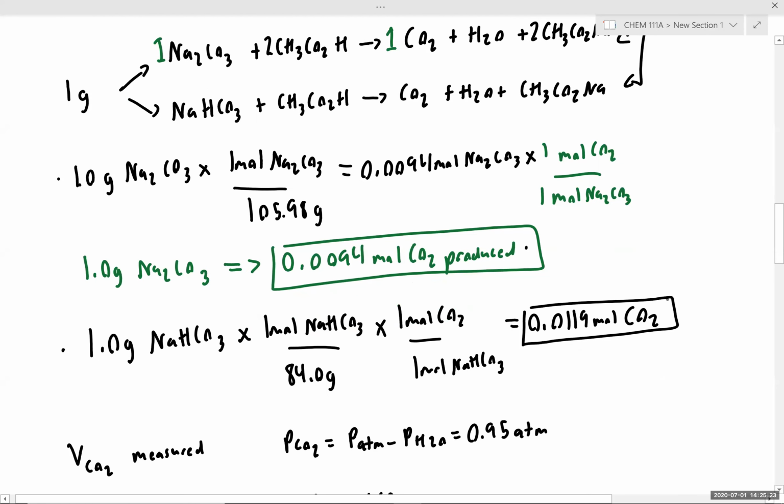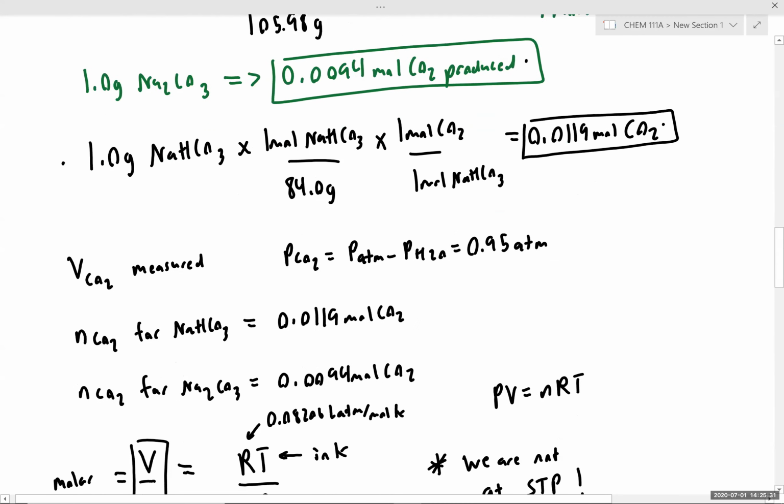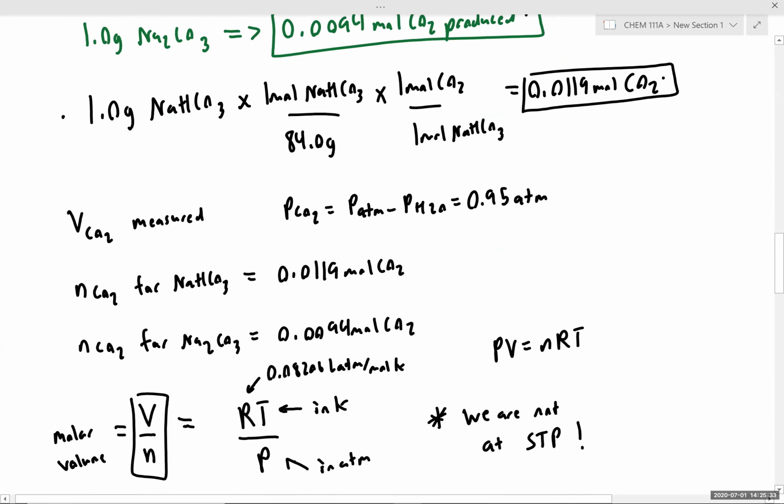Now that we have the moles of carbon dioxide expected, we are almost there to calculating the molar volume. So, we measure the volume of carbon dioxide by measuring the volume of water. The pressure of carbon dioxide we can calculate from the atmospheric pressure and the vapor pressure of water. The moles we've calculated from the mass using stoichiometry.